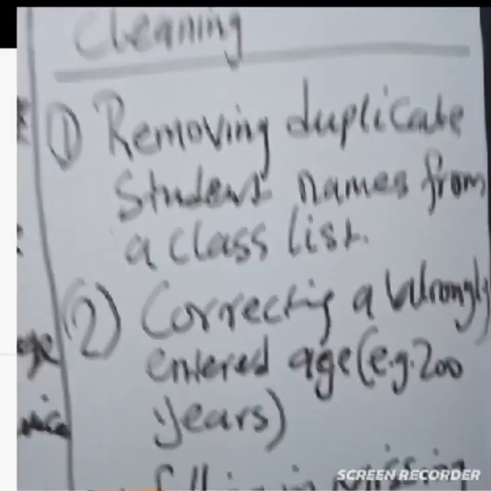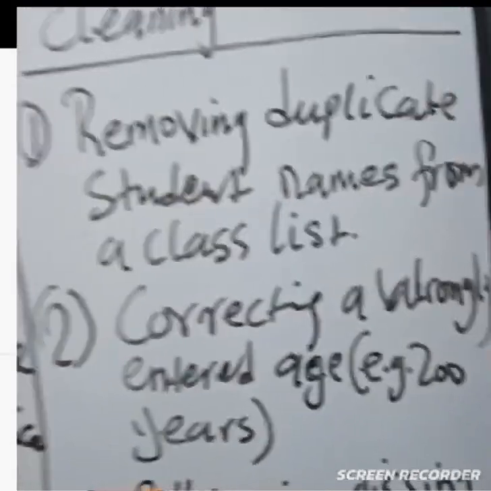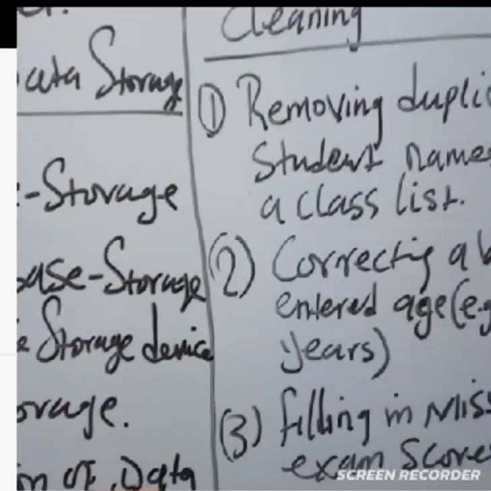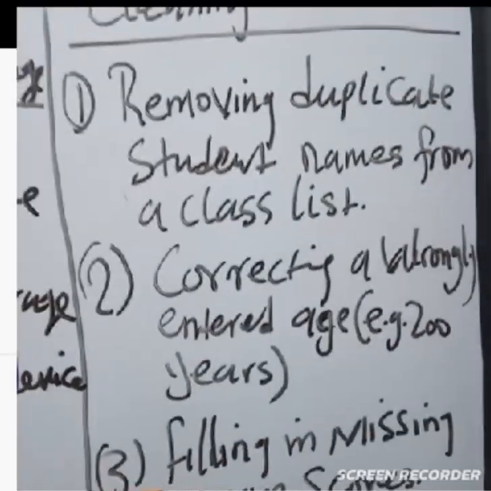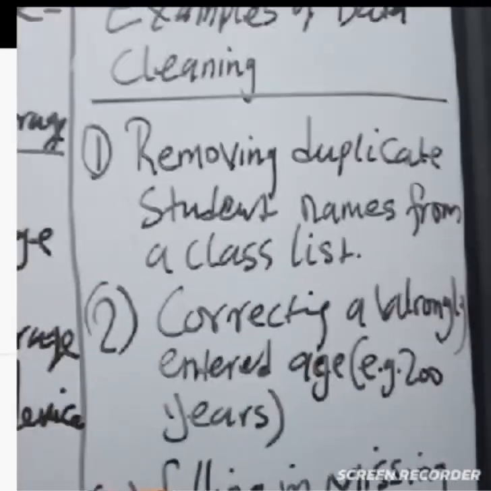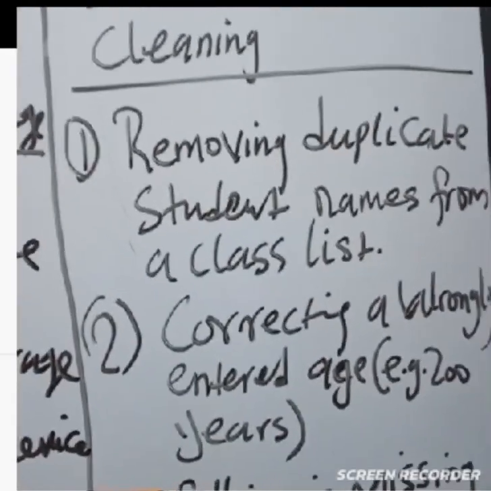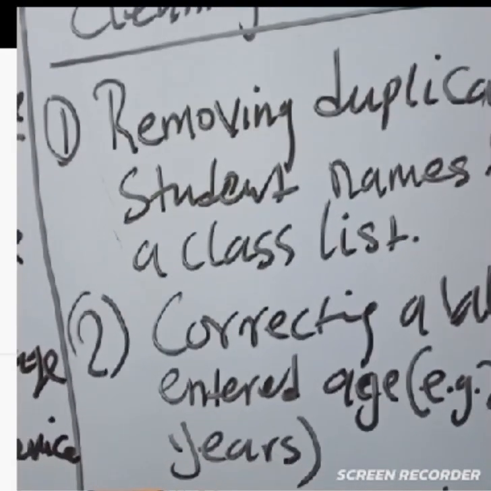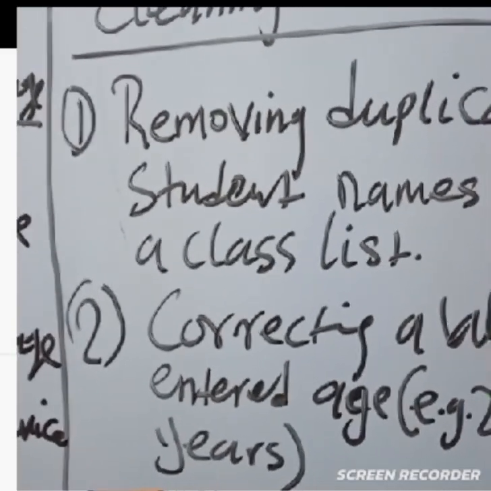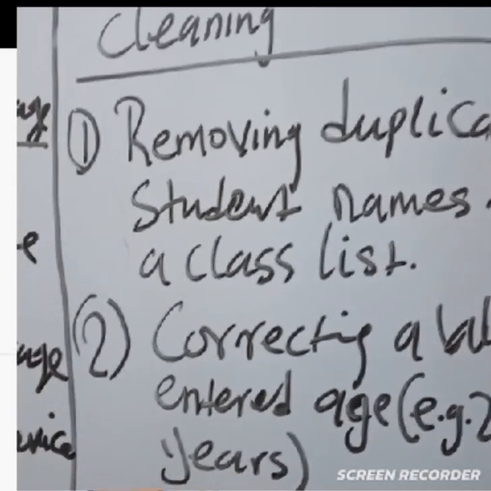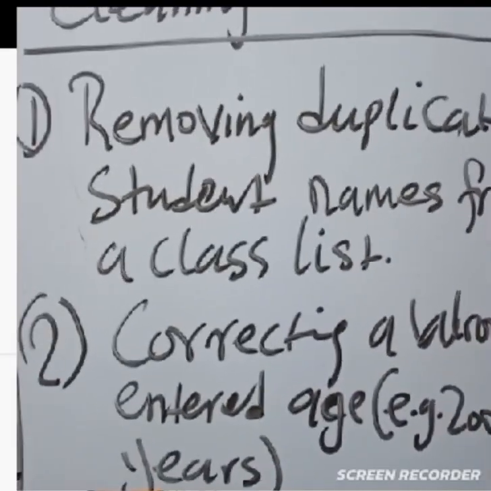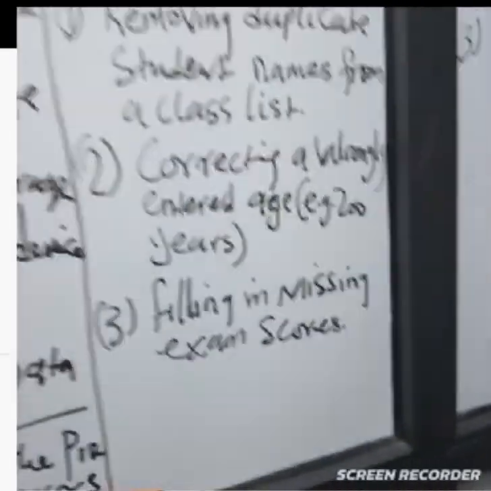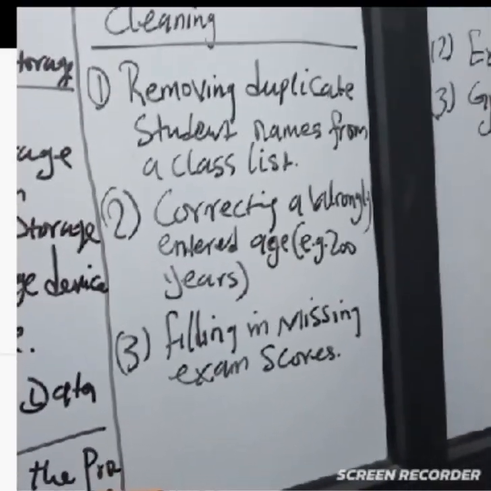Before we move on to examples of data cleaning, as I've said, most times data collected is not always perfect. Data cleaning makes sure that the data is correct and useful.